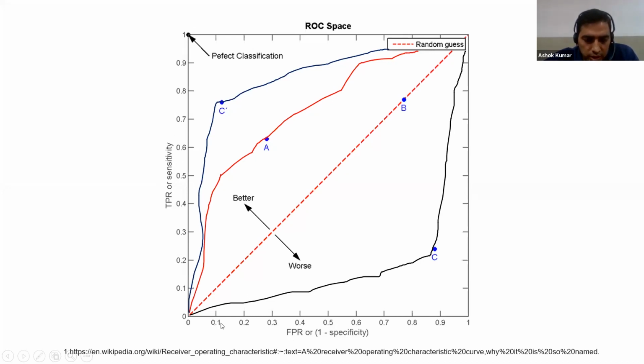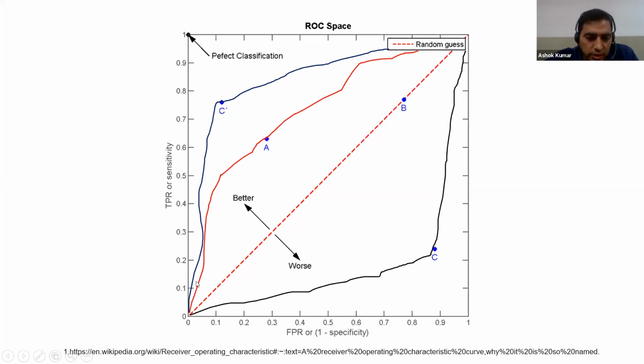This dotted line is the null value. It is a chance, a random guess. If the curve comes above this line, it is better, and below this line, it is worse.